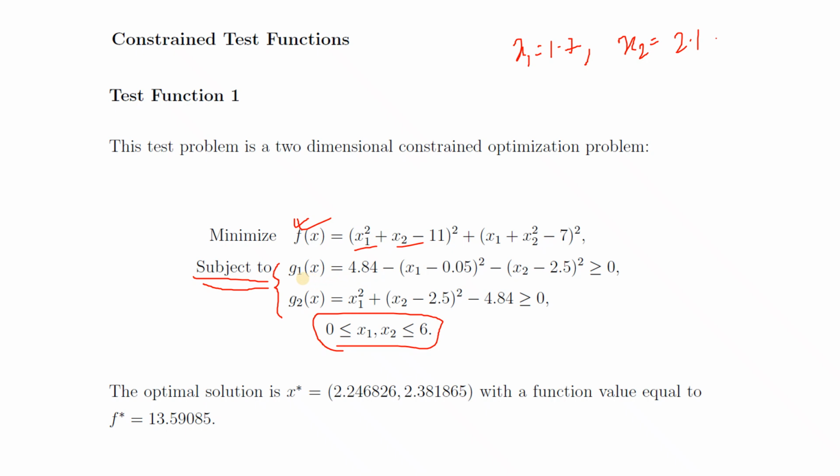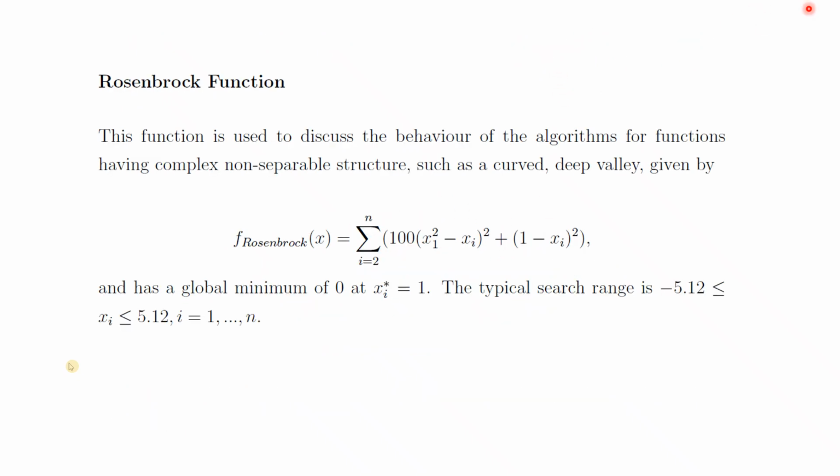But you have to put this result in equations g1 and g2 also, and g1 and g2 have to be greater than or equal to 0. If the values are negative, then these solutions will not be considered. You have to choose other variables for solving this problem. That means this is discarded.